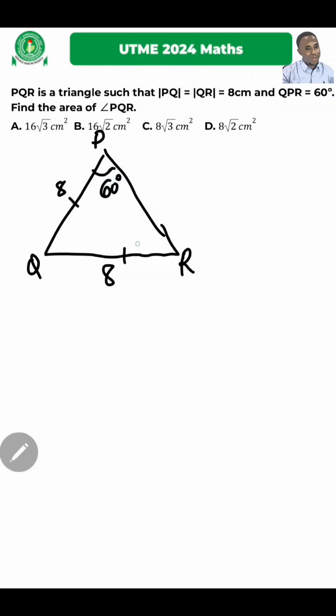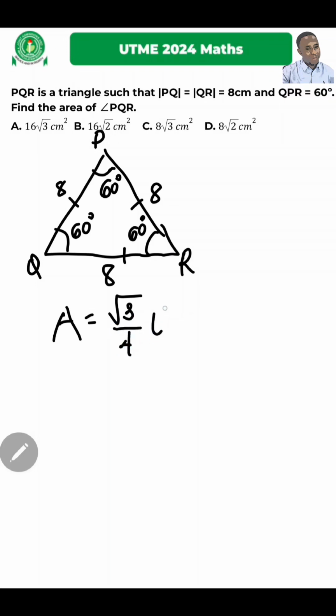These two sides are equal, but interestingly, this will be 60 as well if those two sides are equal, and this will be 60 as well to make 180 degrees, which means this is also going to be 8 centimeters, which clearly means this is an equilateral triangle. The area of an equilateral triangle is a formula you should know, is root 3 over 4 times the length of either of the sides squared.